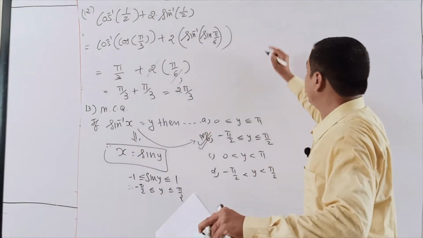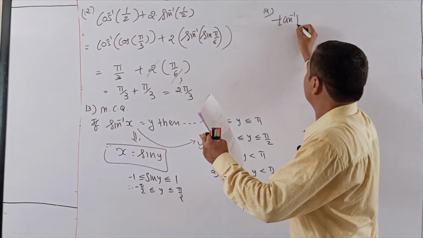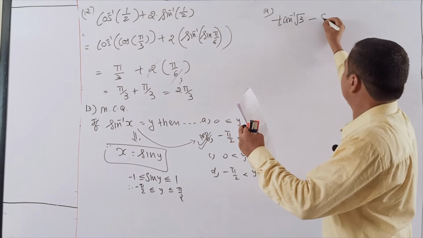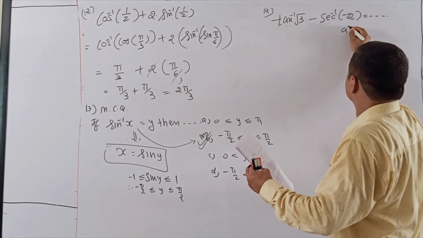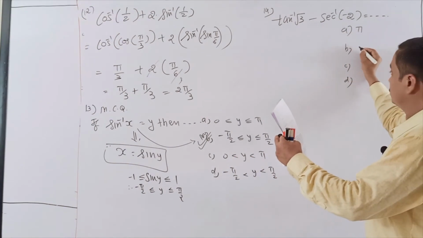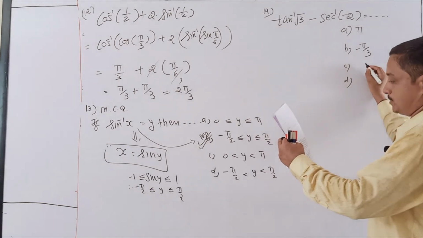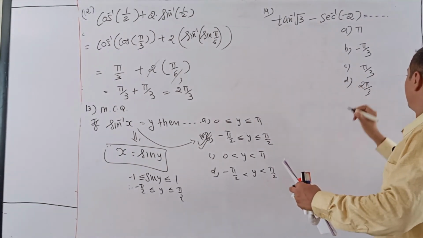This is also an MCQ type question. Tan inverse root 3 minus sec inverse minus 2, and asking for the further solutions by the four options: pi, minus pi by 3, pi by 3 and 2 pi by 3.